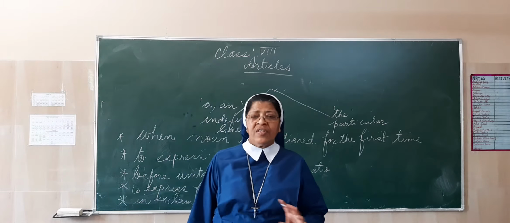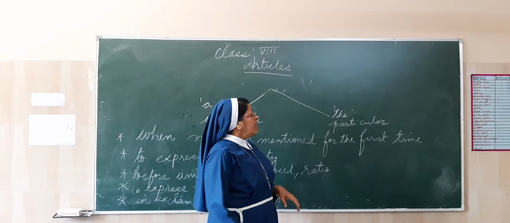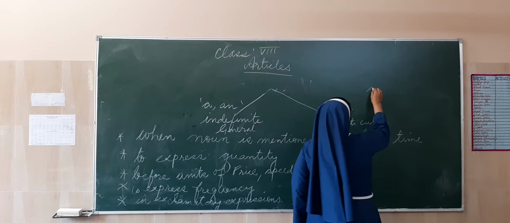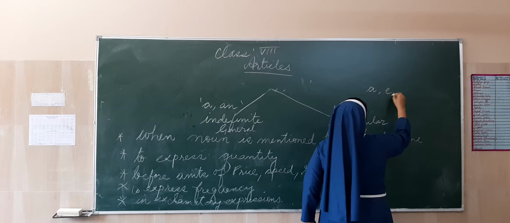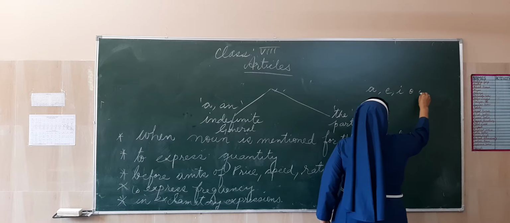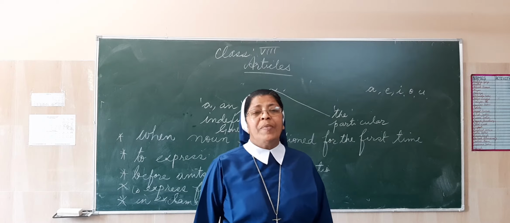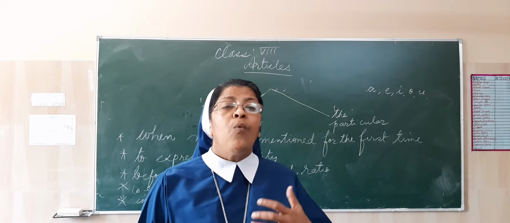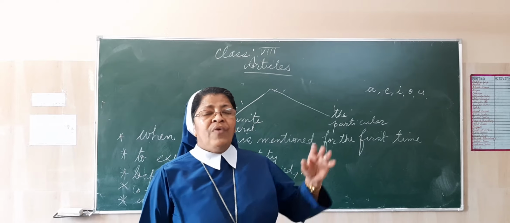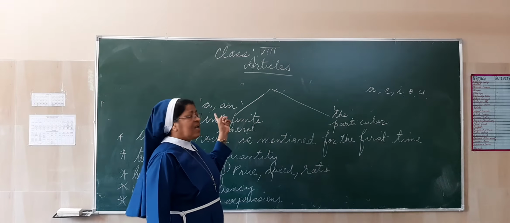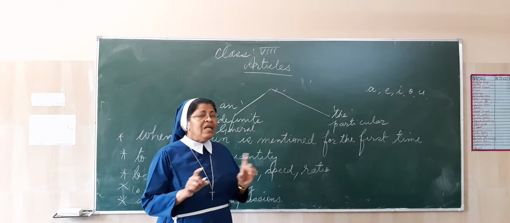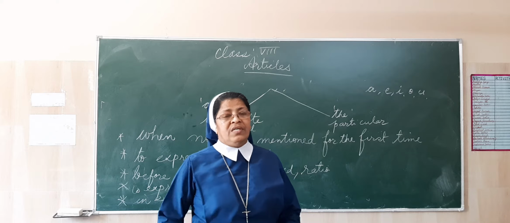There are 26 alphabets, and we use A, E, I, O, U. These letters are considered to be the vowels. Now, when you come to use these articles, we all deal with the sound.